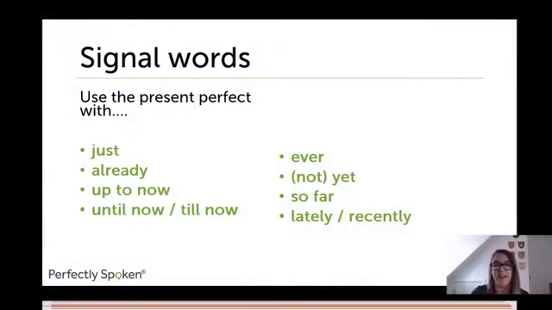But if you see these words, just, already, up to now, until now or till now with the same meaning, ever, yet or not yet, so far, lately or recently.